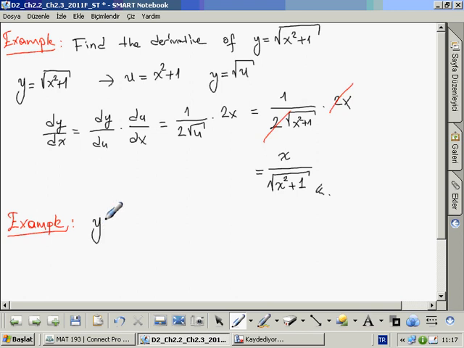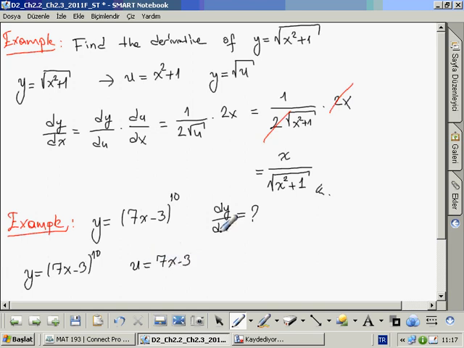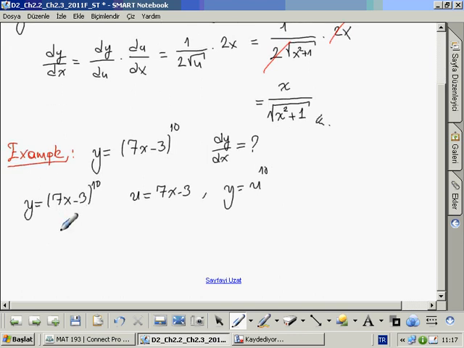Let's continue with another example. If y equals (7x minus 3) to the power of 10, what is the derivative of y? Let's choose u equal to 7x minus 3, so y will be u to the power of 10.